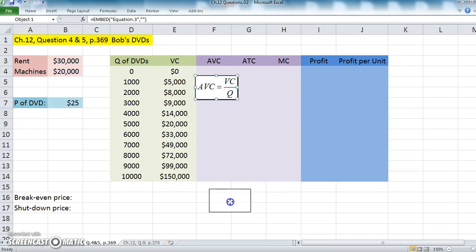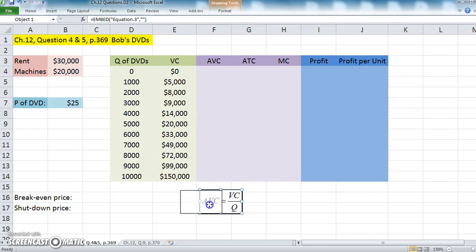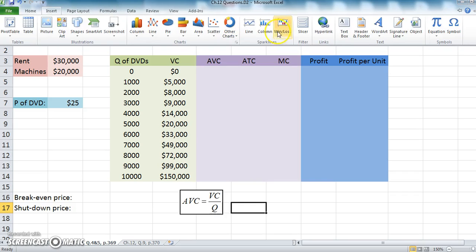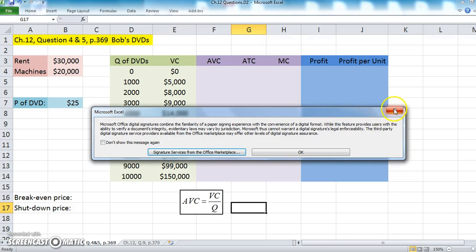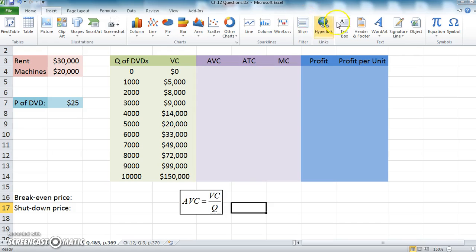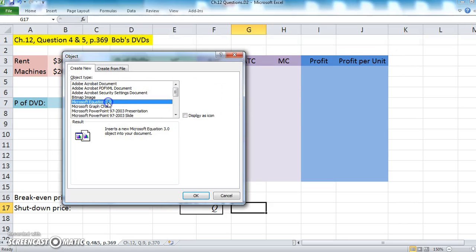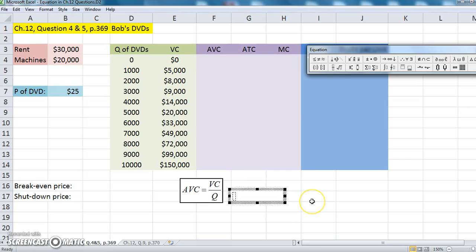And then we know that the ATC is equal to total cost divided by quantity.